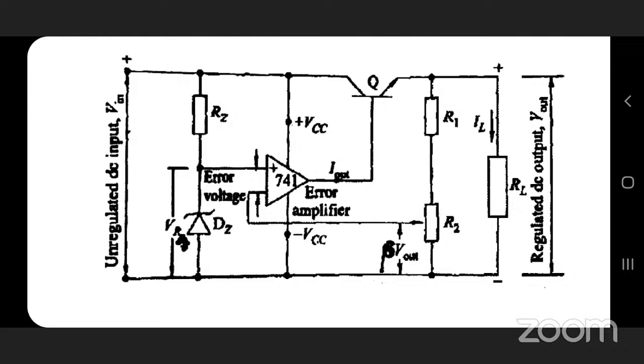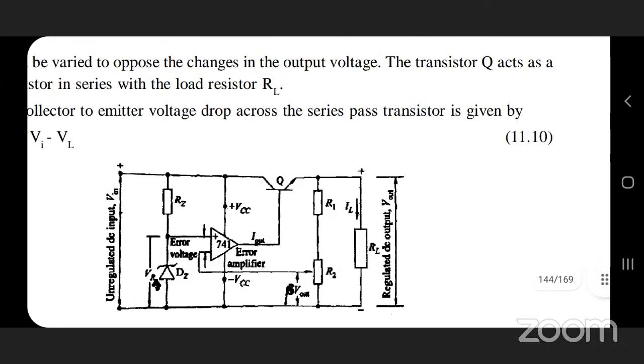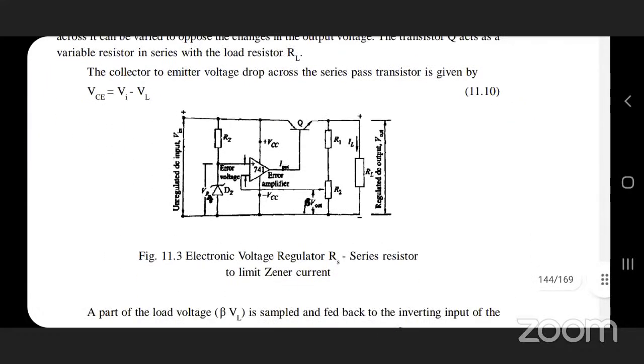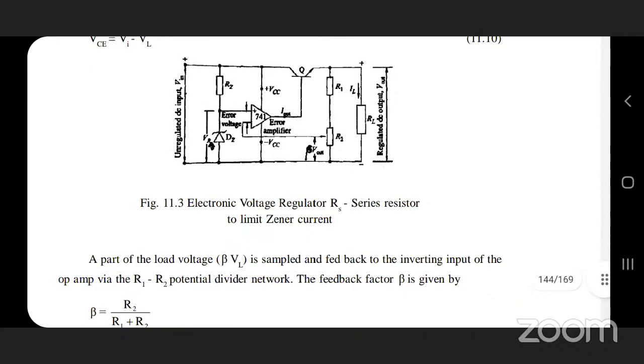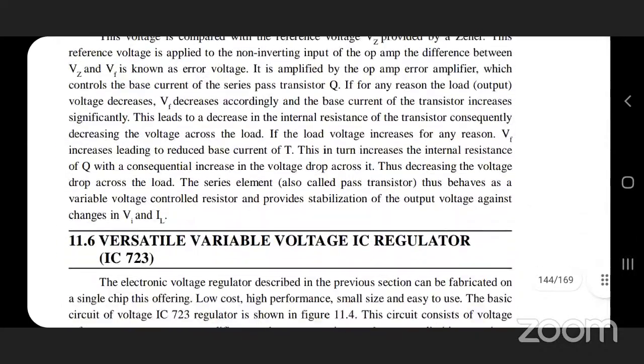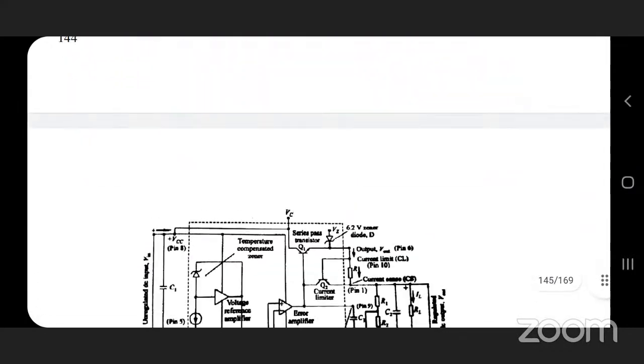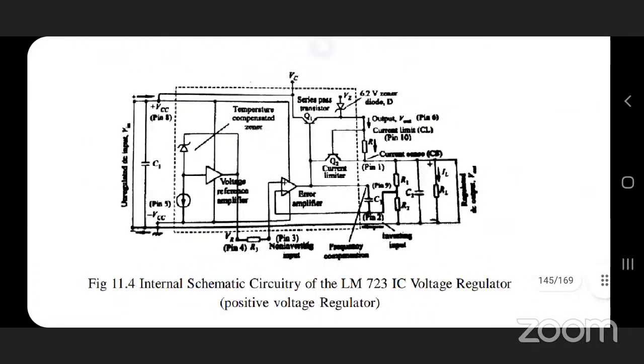Here also there is a DC supply. So this is nothing but an electronic voltage regulator. And another one is also there, the versatile variable voltage IC regulator, IC 723. See here.